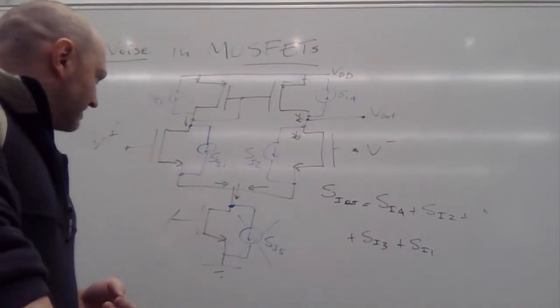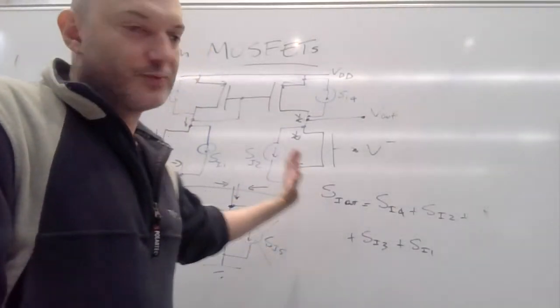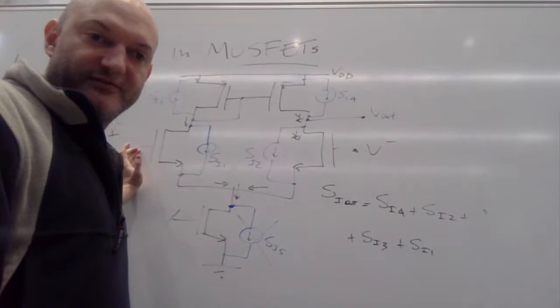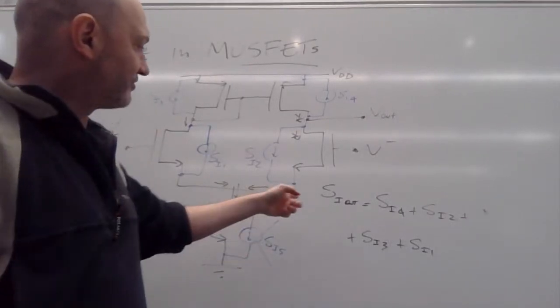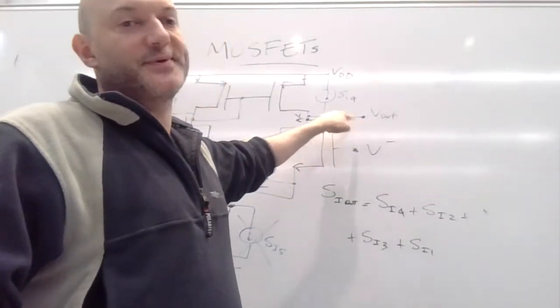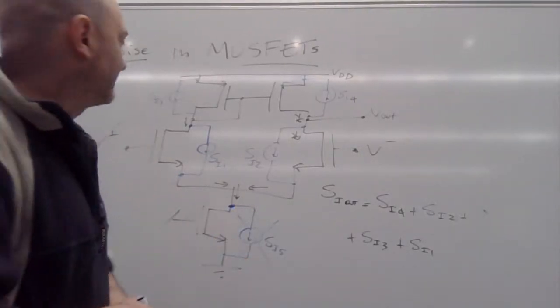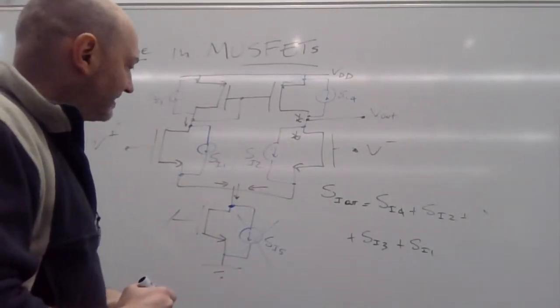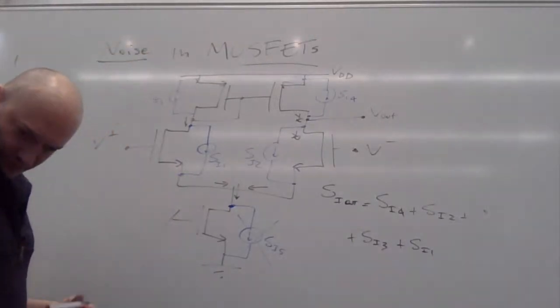So we need to find a way to convert this current to an input voltage. First, we need to convert this current to an output voltage, and then we can divide by the gain squared of the amplifier, and we find the equivalent input source.